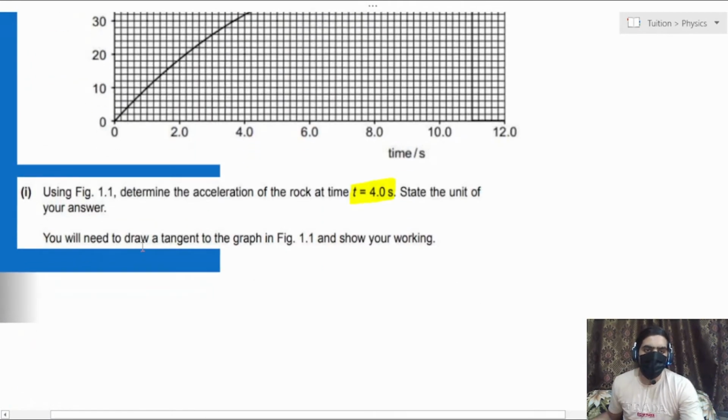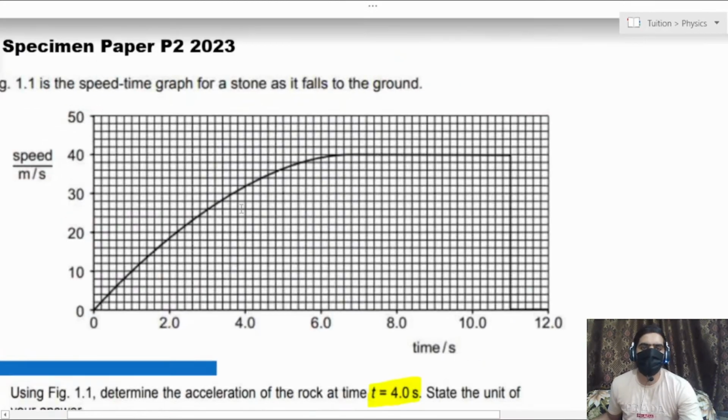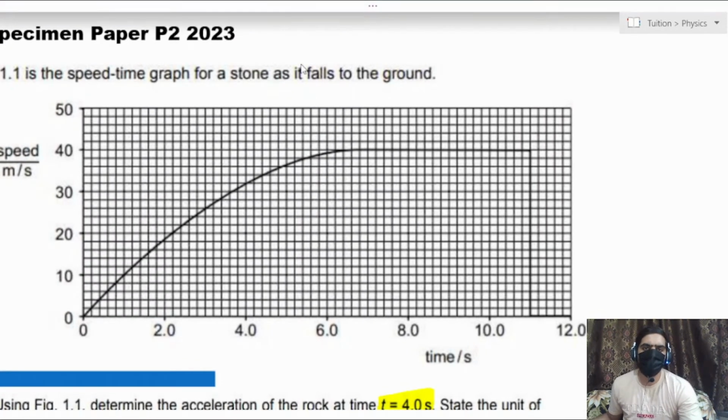So you see in the question they simply say determine the acceleration of the rock at t equals 4 seconds and state the unit. So first of all, at 4 seconds you draw a tangent. So you draw a straight line that should touch the curve at 4 seconds only and at no other point. It might be a little bit tricky for me here on the computer.